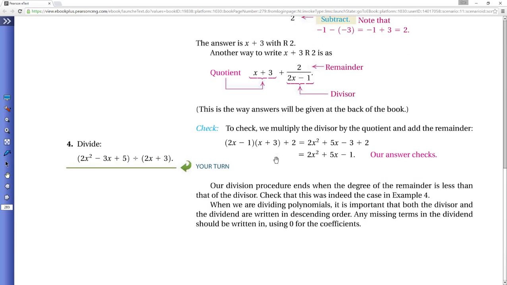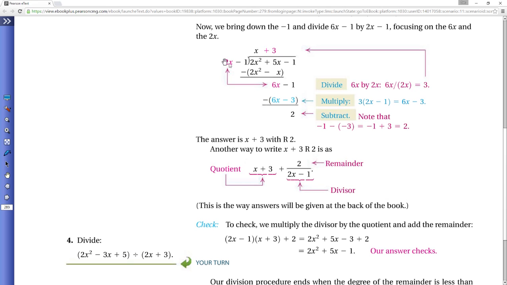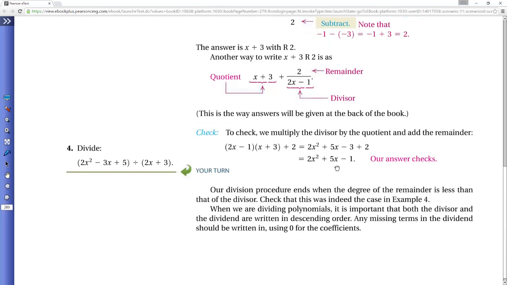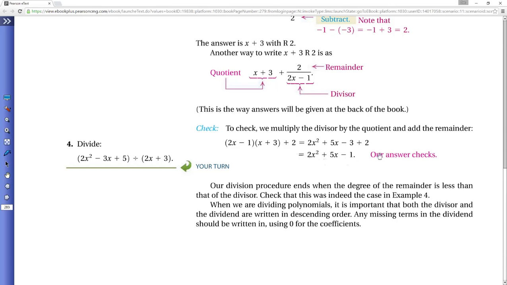Okay? And how would we check that? Well, you take the quotient times the divisor, which again is 2x minus 1. That's where they get 2x minus 1 times x plus 3. Multiply that, I'd use FOIL, and then add 2, and I should get the original dividend, or original polynomial.